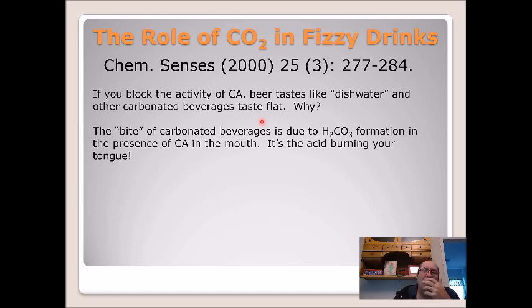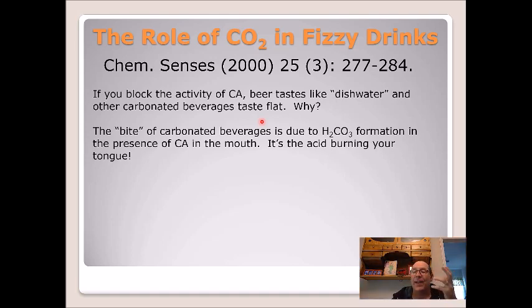Why is that? Well, you used to think that the reason things tasted carbonated was the effect of the dissolved gas in the liquid, affecting your mouth. What's proposed in this study is that the bite of carbonated beverages is not due to the fact that CO2 is a gas.